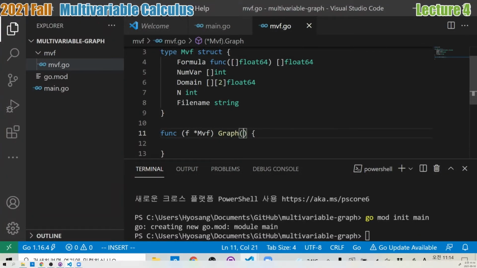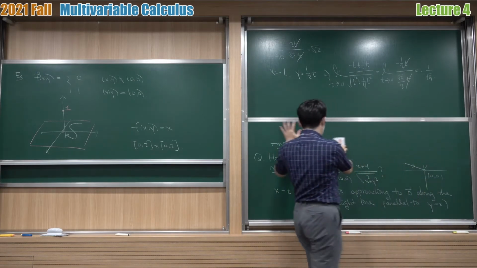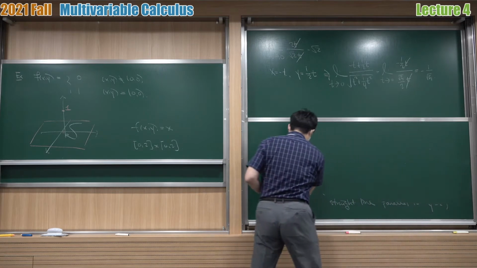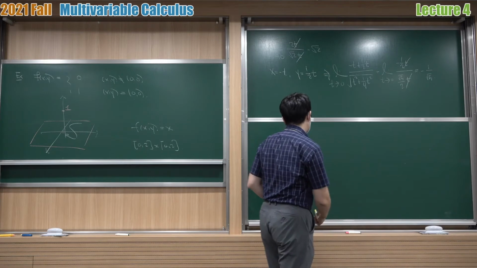So think about how you draw this three-dimensional object in two-dimensional canvas. How you can imagine that the two-dimensional picture looks like three-dimensional.